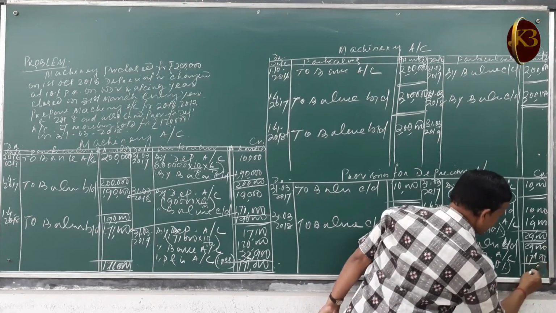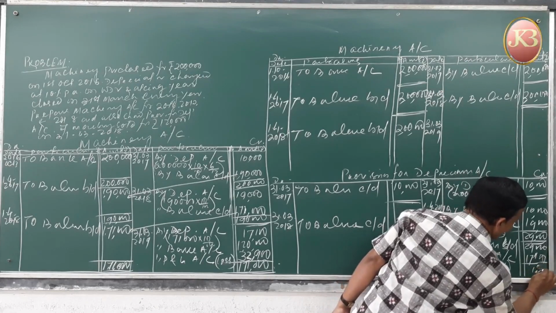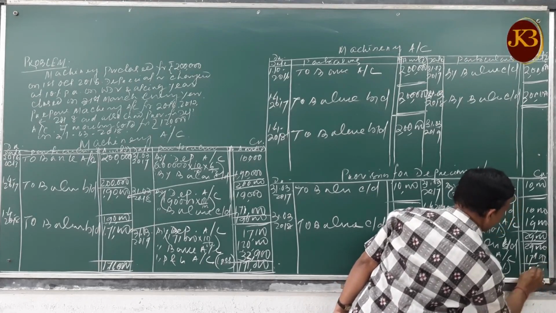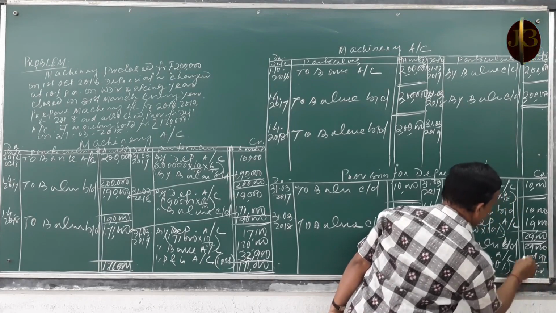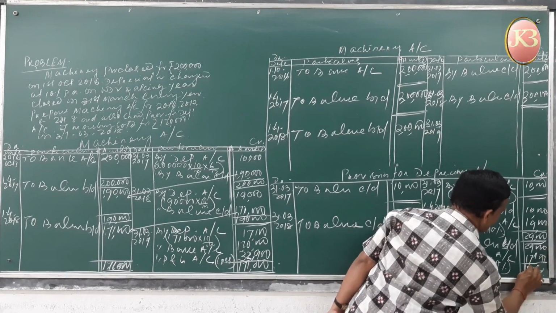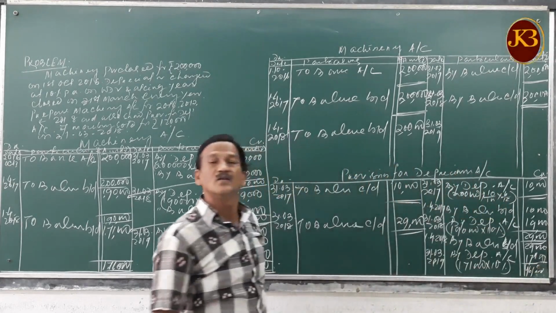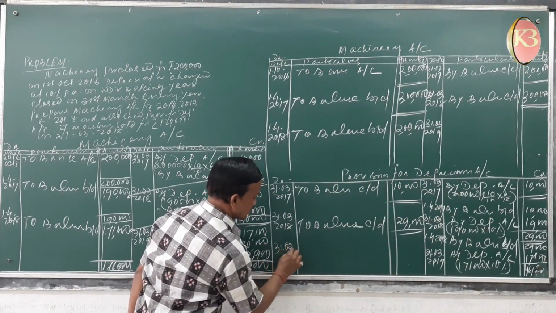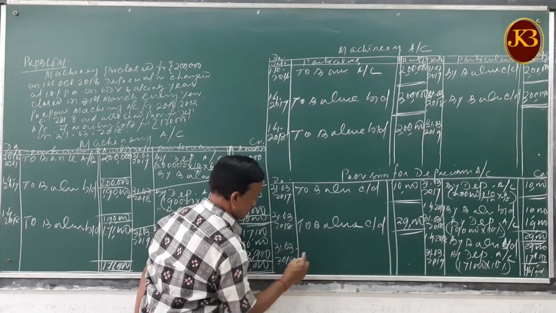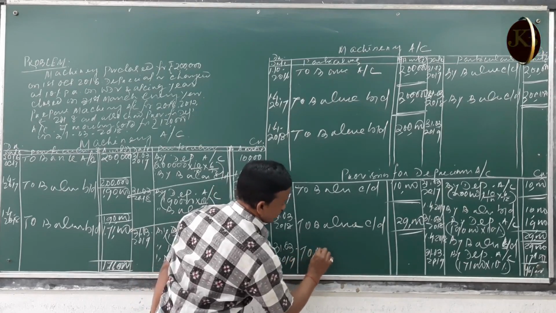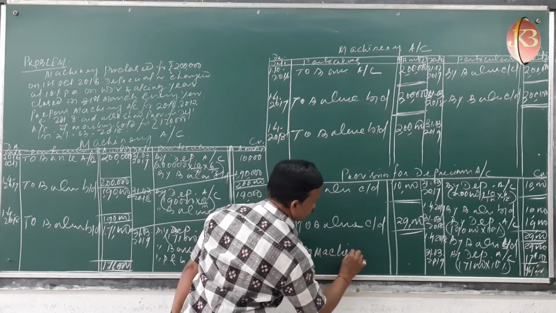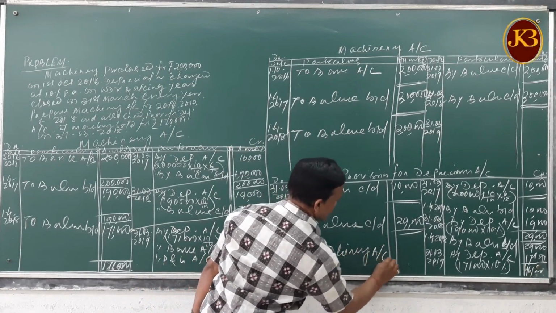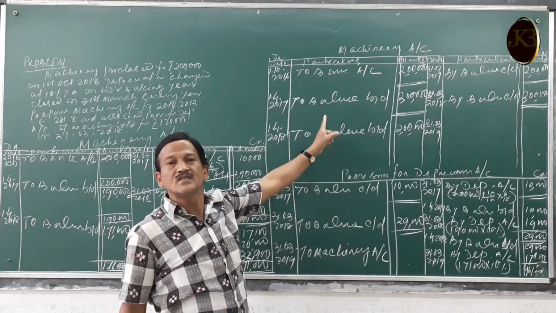So total 46,100. So that is 31st March 2019, this to machinery account, because the machinery is sold.